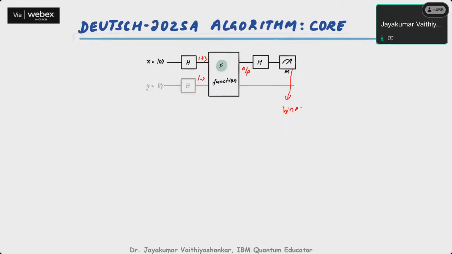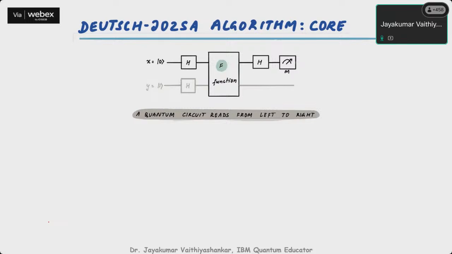Always remember, we start with binary values and encode them to the given qubits, preparing quantum states. Binary value 0 means we prepare state 0. Binary value 1 means we prepare quantum state 1. So we start from binary values and do all the quantum operations. Finally, we do measurement, and after measurement, you will get a binary value again.